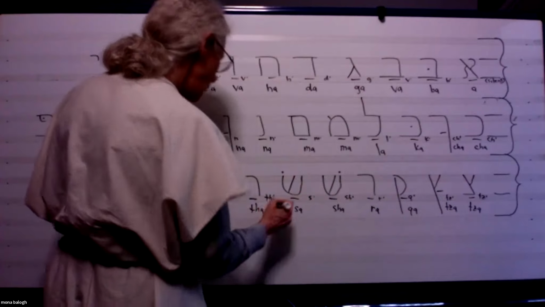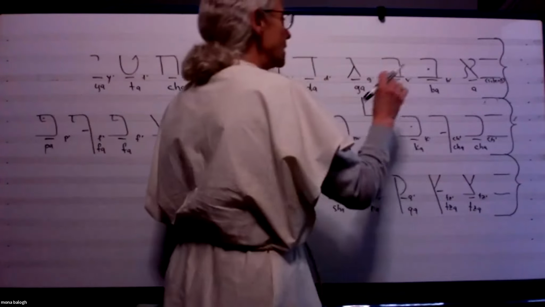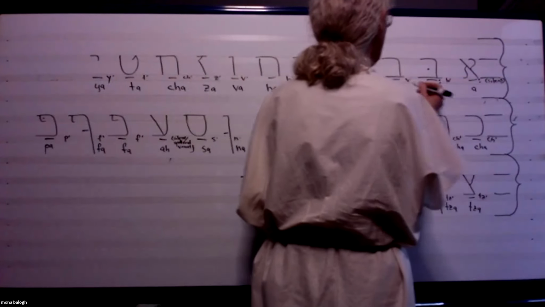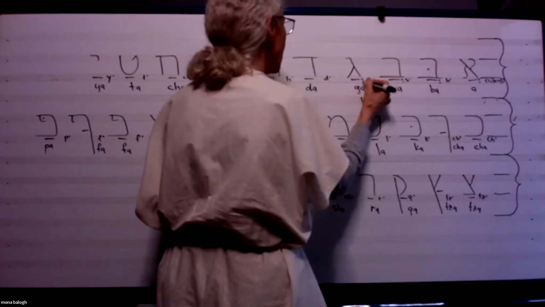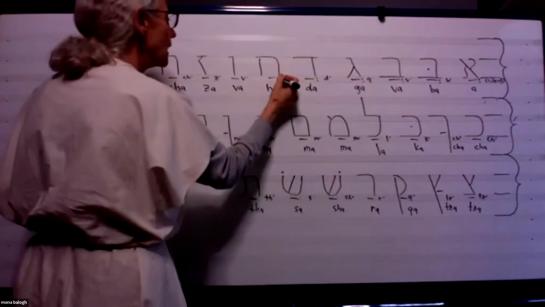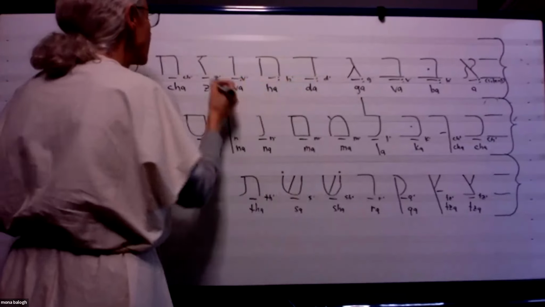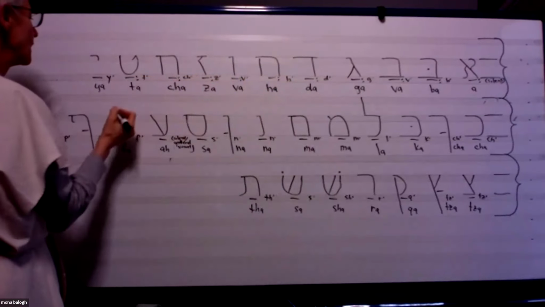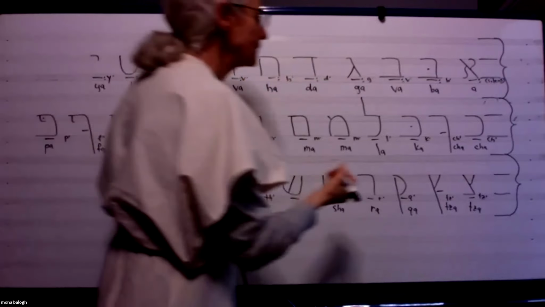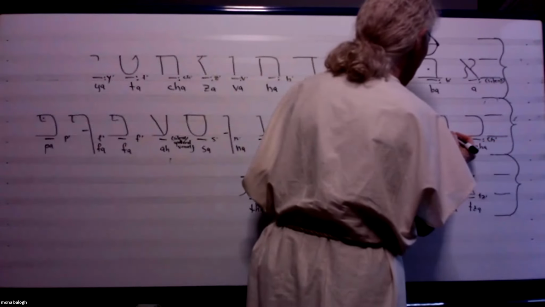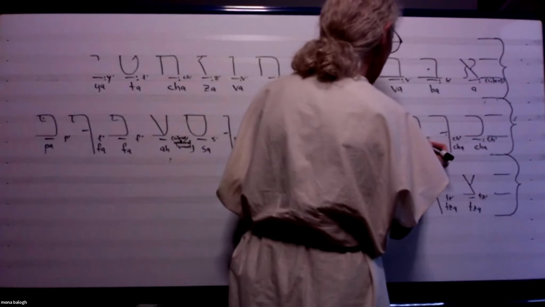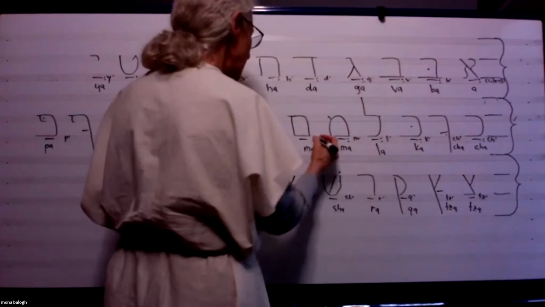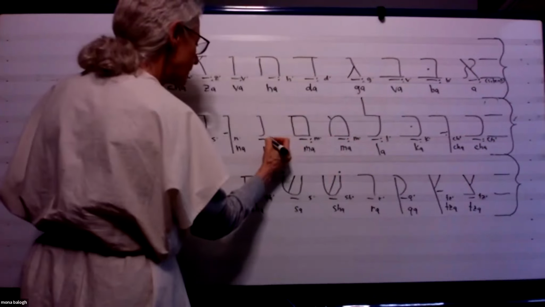And I'm going to cheat a little bit, just to go a little quickly. I'm going to put the hataf here. That's a, ba, va, ga, da, ha, va, za, ha, ta, ya, ha, la, ma, na.